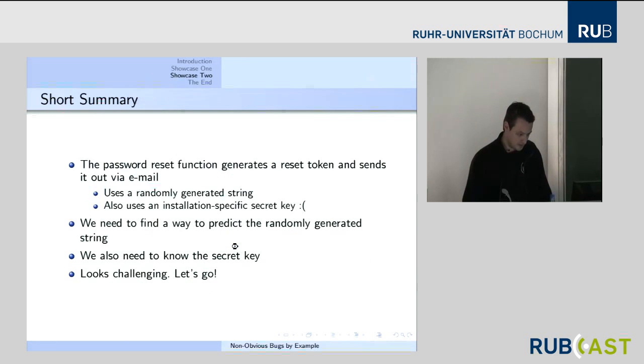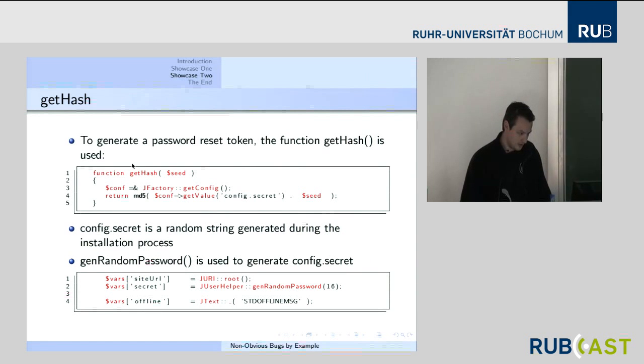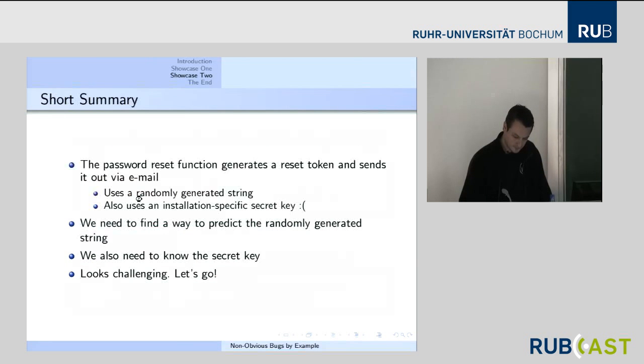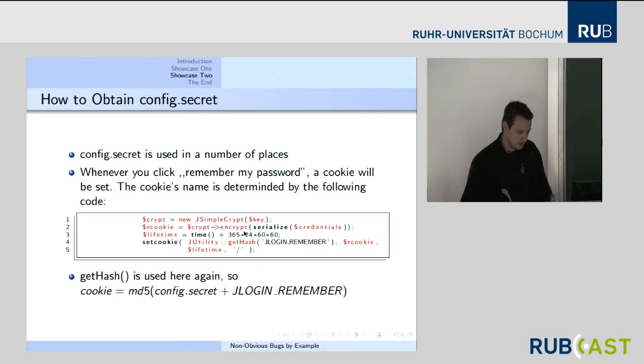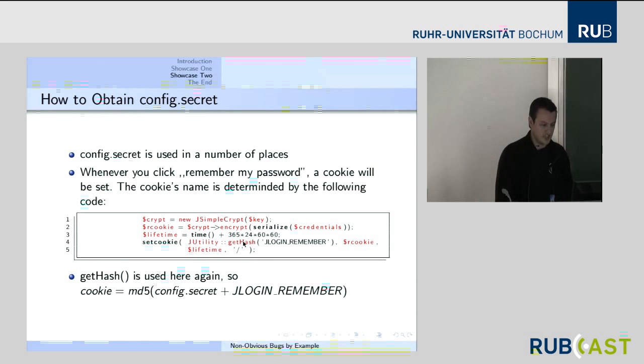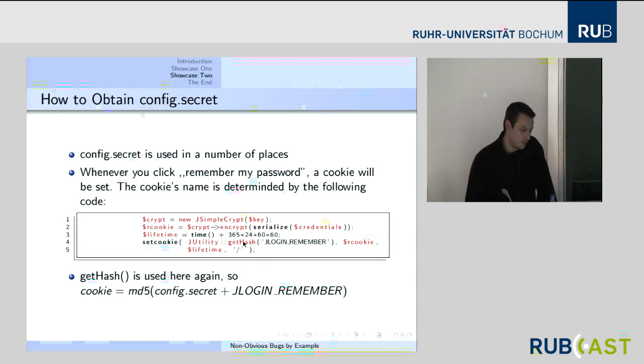Let me go back 2 slides. Here, getHash makes use of config.secret, and getHash is also used when setting the authentication cookie that implements the remember my password function. Okay, so what they actually set here is MD5 of config.secret plus the string JLOGIN_REMEMBER.